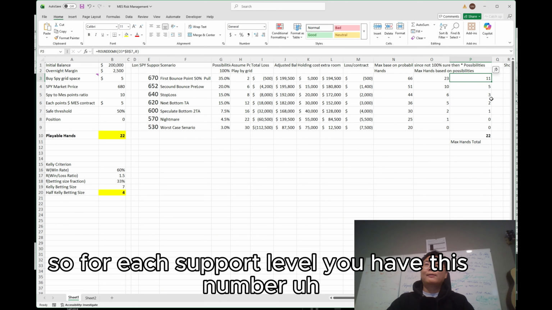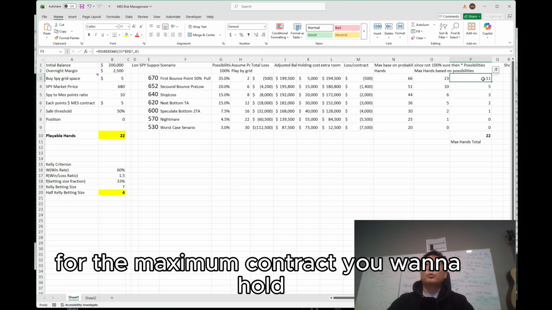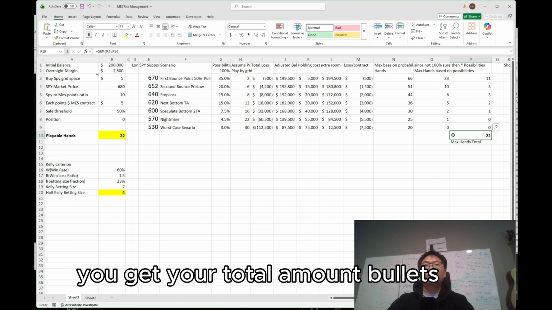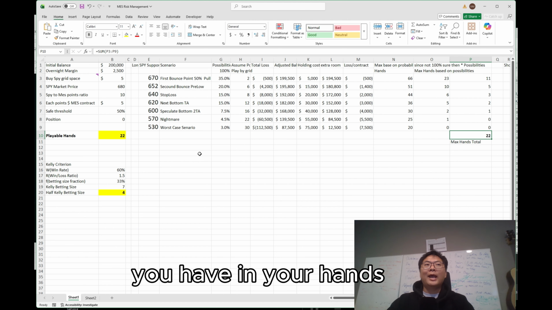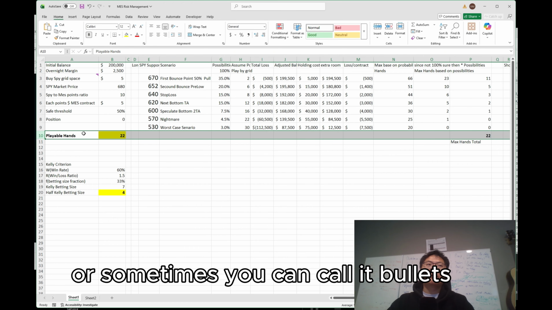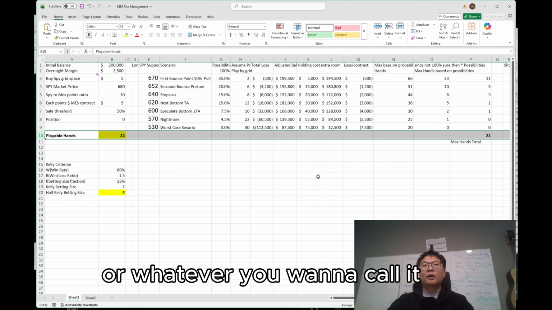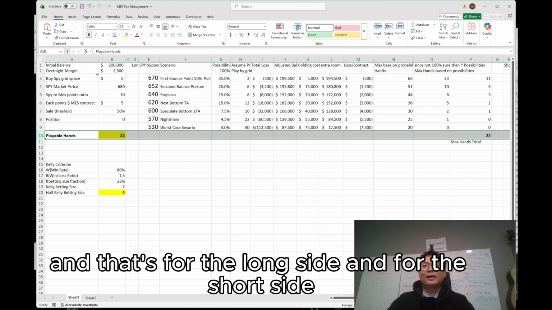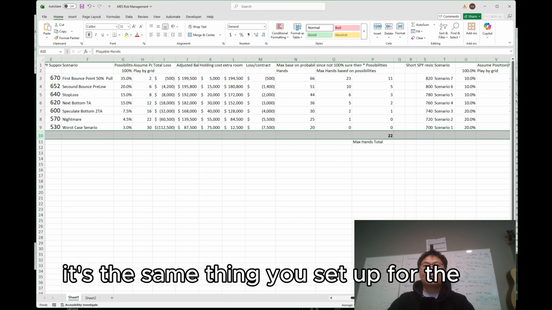So for each support level, you have this number for the maximum contracts you want to hold, and you add them up for each level. You get your total amount of bullets you have in your hands. I call it playable hand, or sometimes you can call it bullets or ammo, whatever you want to call it. That's for the long side, and for the short side, it's the same thing.